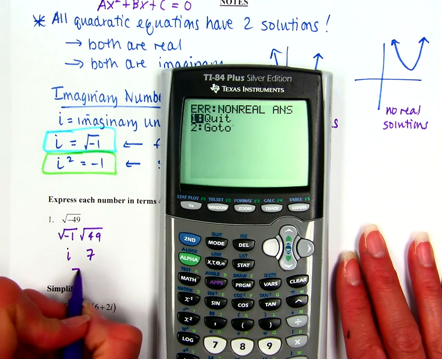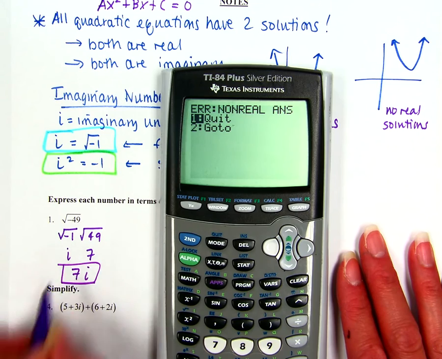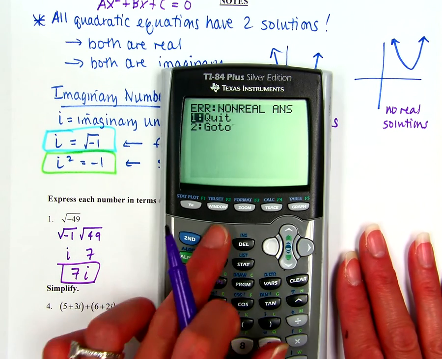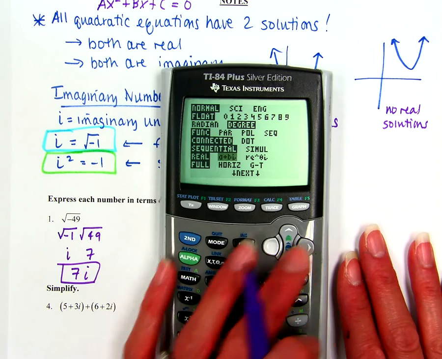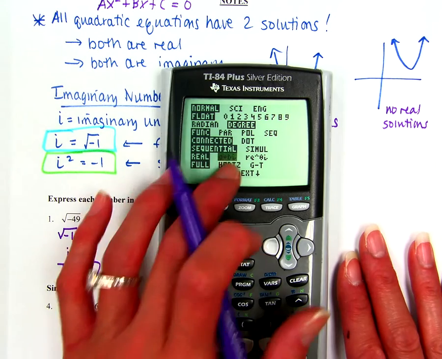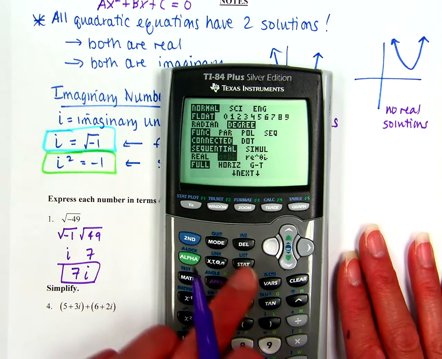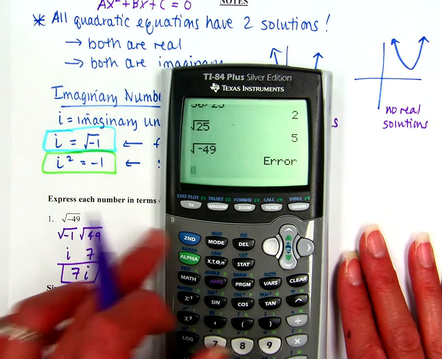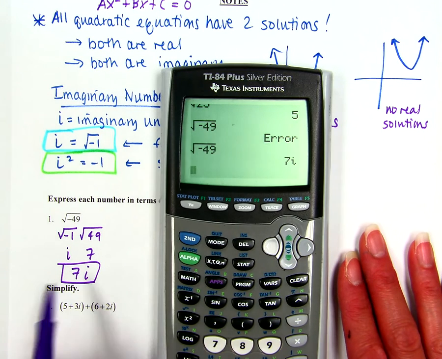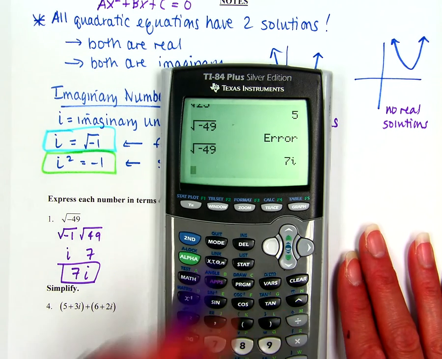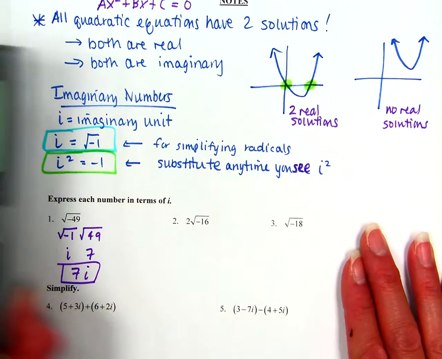So this is really 7i. One thing you could do is set your calculator to imaginary mode. So go to mode, and then down here, instead of just real, we have the a plus bi setting. So if I do square root of -49, there's your 7i. You're welcome to use it on your calculator if you'd like.